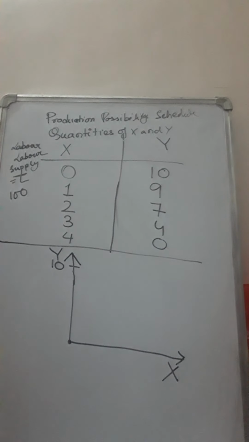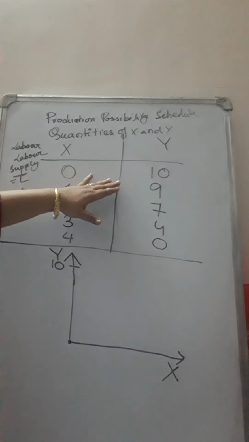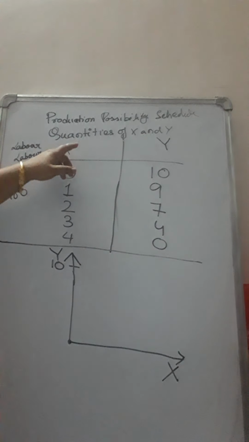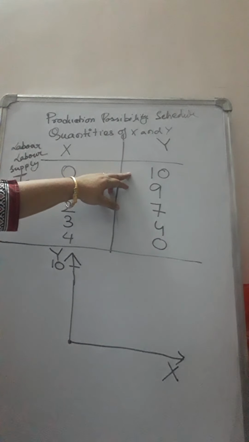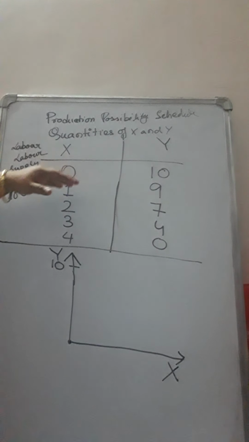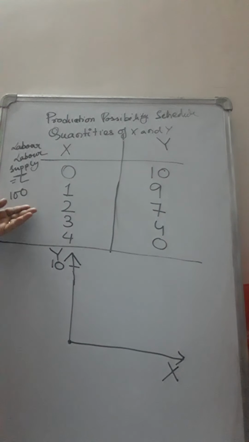Now what happens? You slowly want to increase the production of X. I just said that a producer tries to produce not one quantity, rather it wants to produce both X and Y to satisfy human wants, because humans are not satisfied if only one good is produced. So now the producer thinks of producing both. That means the input is rare and limited. 100 amounts of labor is given.